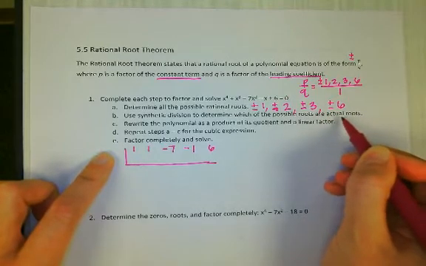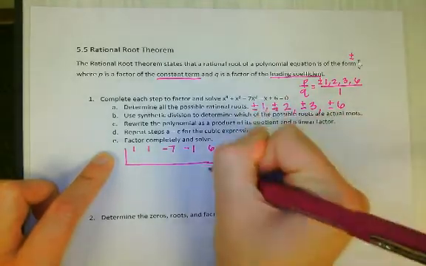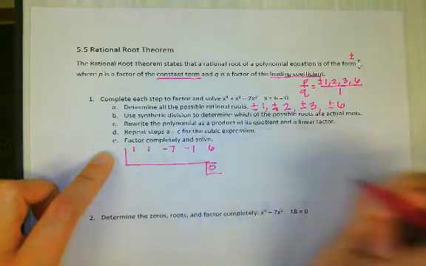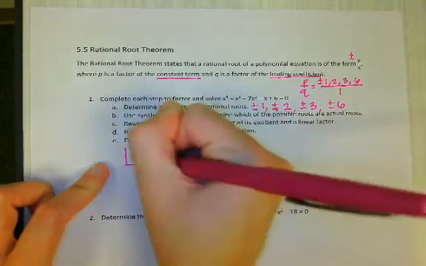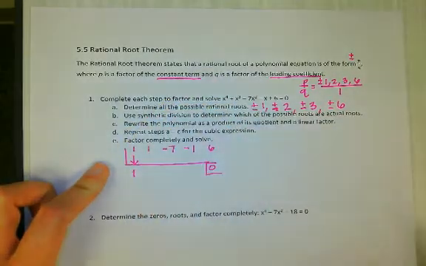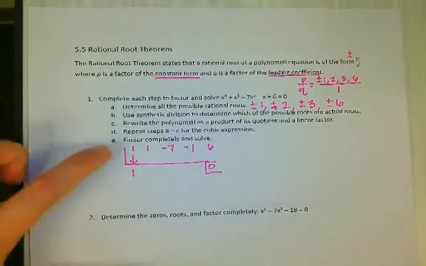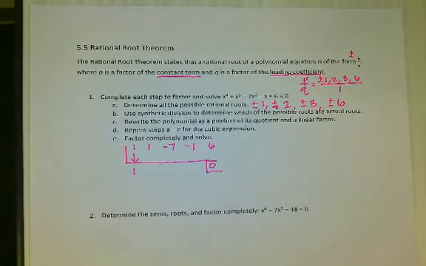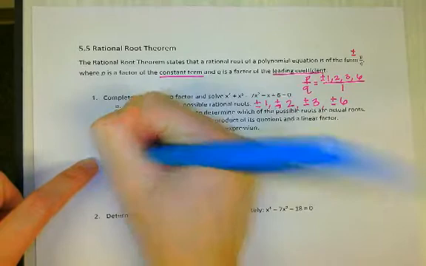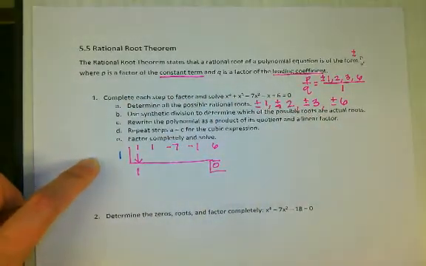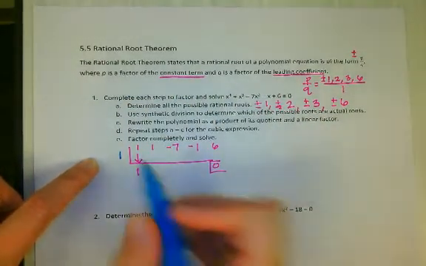If it's going to be an actual root, I need to have a remainder of 0. That's the goal. So the 1 is going to be brought straight down, and we're going to have to try different numbers outside of our synthetic. I usually start by trying positive 1. And there's no guarantee it's going to work.